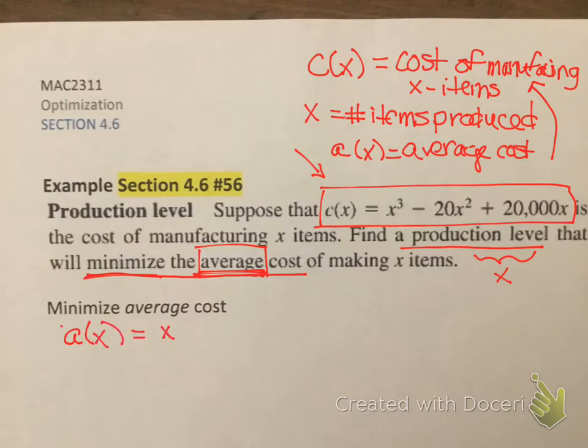I would need to take my function and divide by the number of items produced, which is x. That's how you find the average.